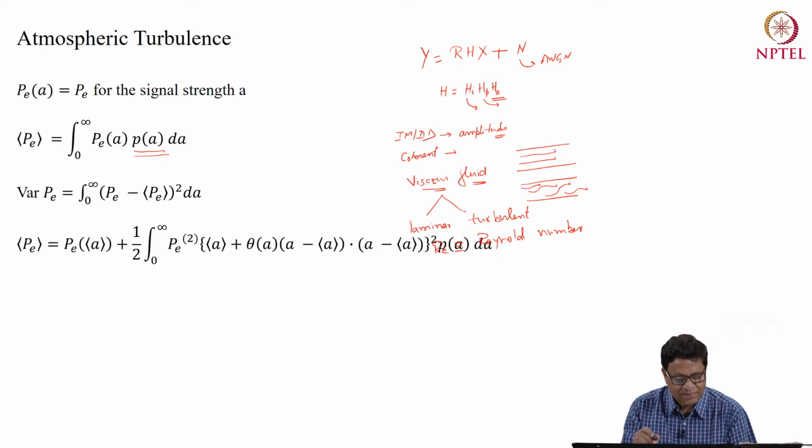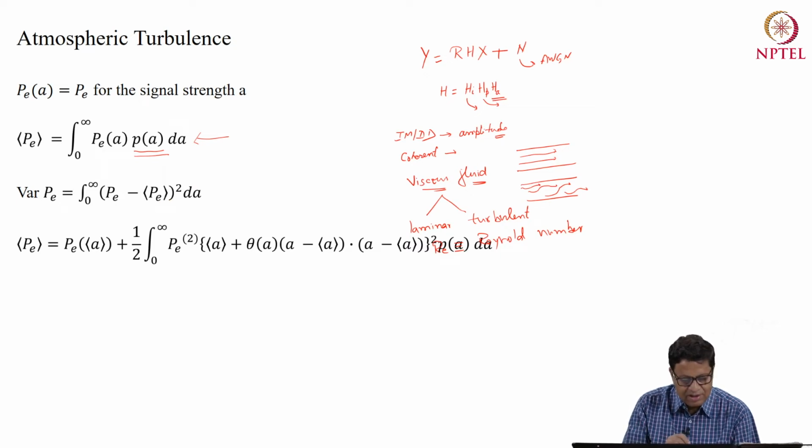The probability of error, P_E, is basically decided by two parameters: first, the mean value of the probability of error, and second, the variance in the probability of error. The mean is defined as the integral of P_E(A) P(A) dA, where P(A) is the PDF of the received signal strength, and the variance is the ensemble average of (P_E minus the ensemble average of P_E) whole square dA.